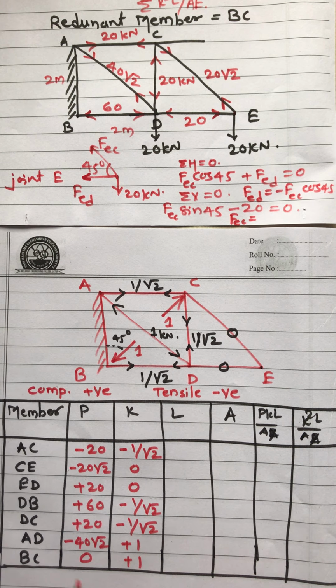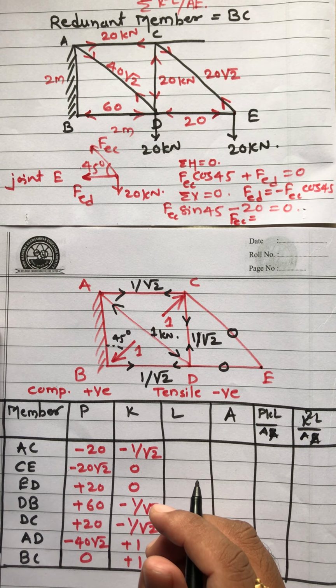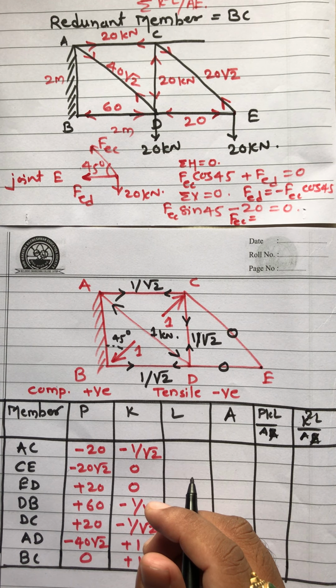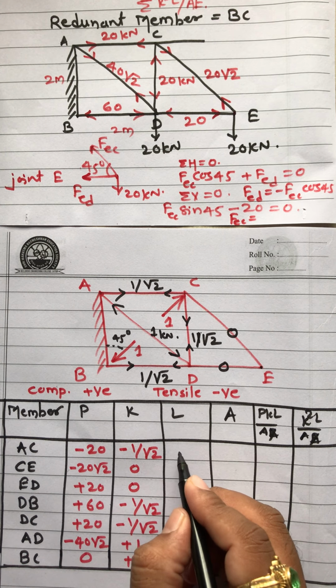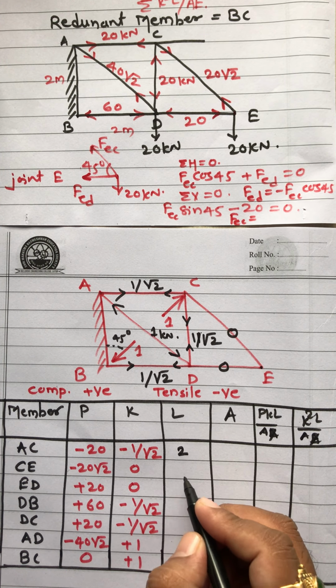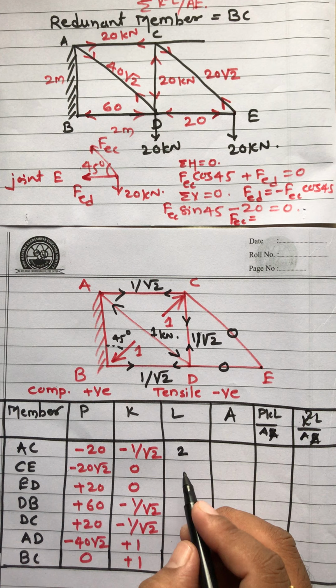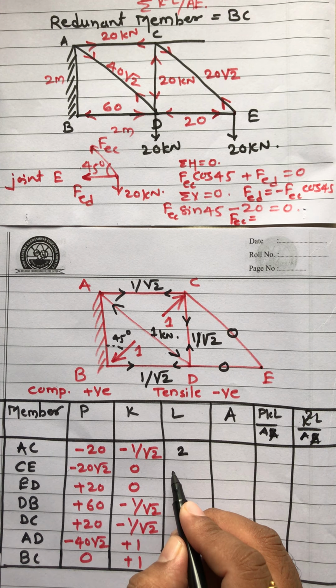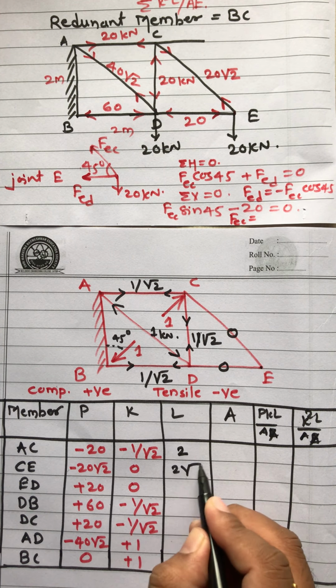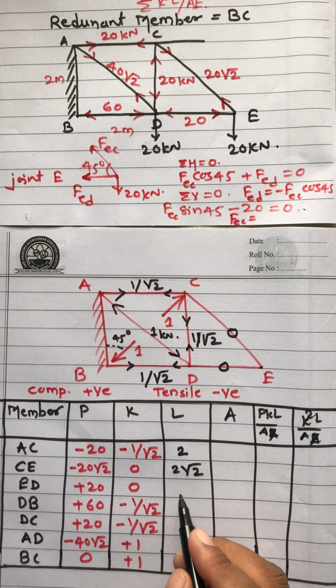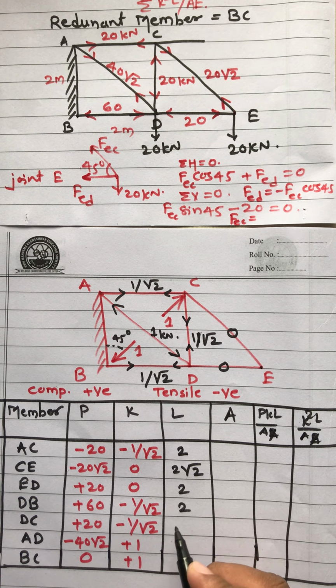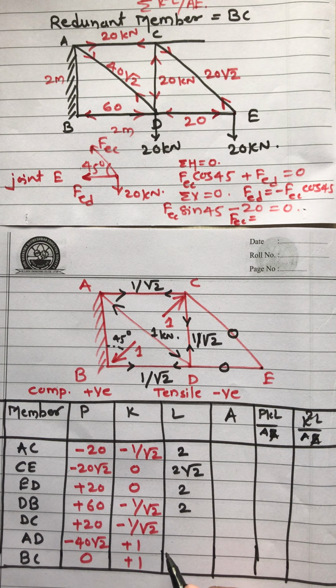Correct. Now the length is 2 meter, correct. So directly I will have the 2 meter. CE is inclined, 2 root 2, ED 2 root 2.